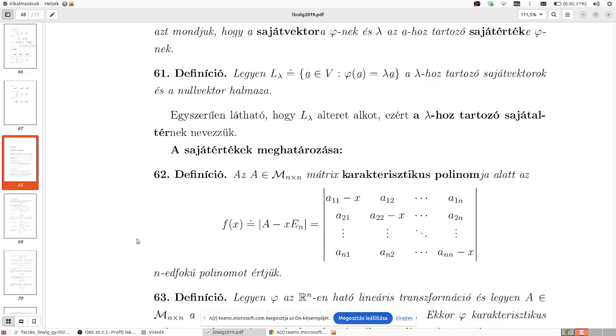This an lambda n an is a system of linear equations for lambda. Lambda is called the eigenvalue or eigenvalues. That's better. If you are lucky, there are more.